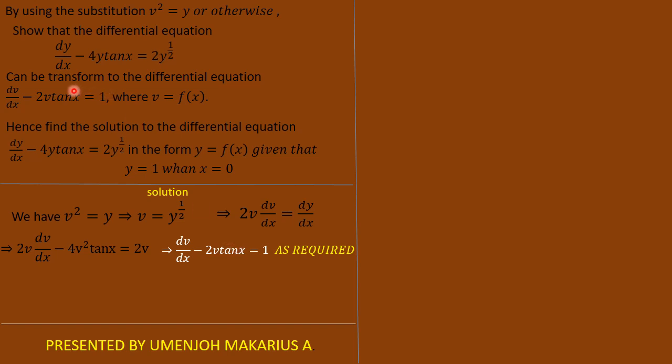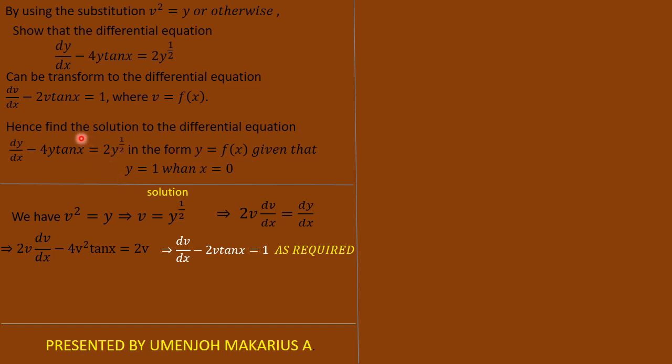Now the next part says that hence find the solution to the differential equation dy by dx minus 4y times the tangent of x equals 2y raised to the power 1/2 in the form y equals f of x. These are the conditions that have been given.